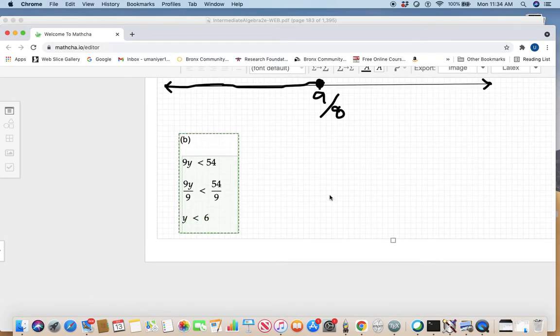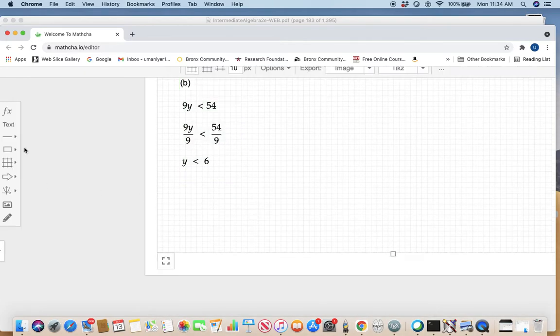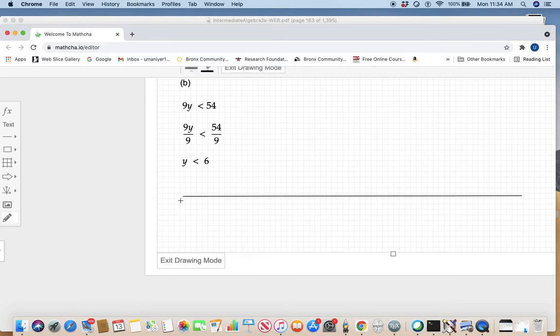Okay, so let's draw the number line. Somewhere here is 6. Notice 6 is not included, so it is an open point at 6, and y is less than 6.